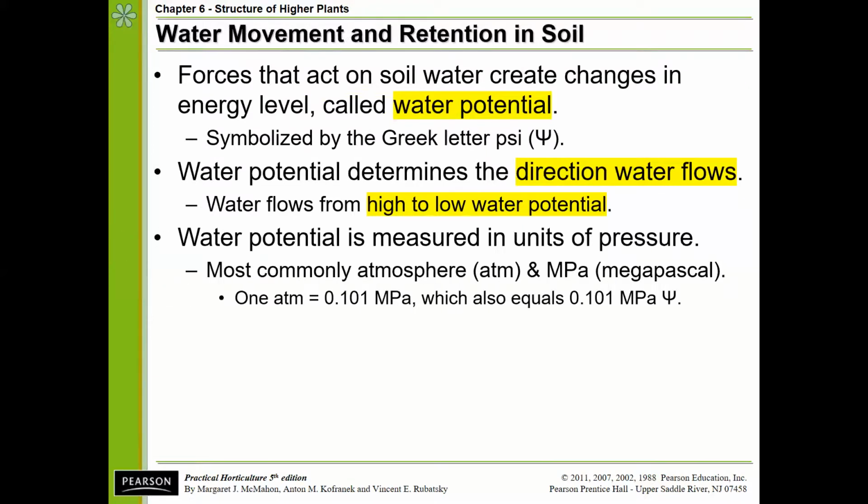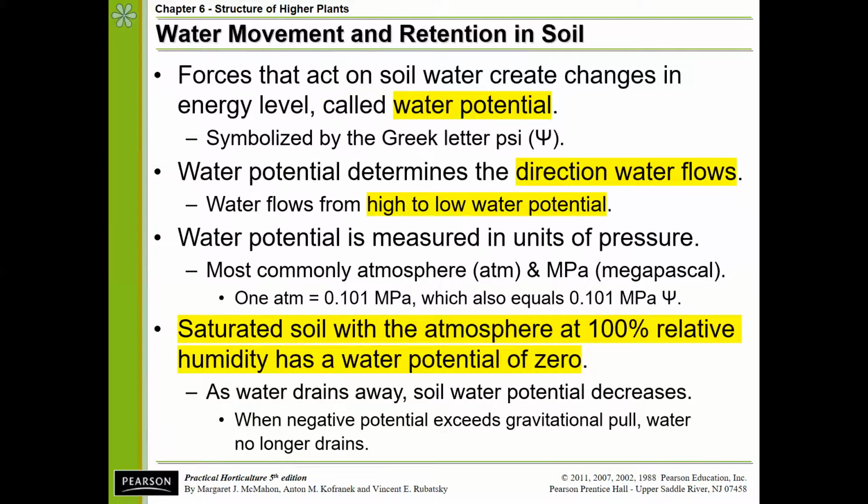Water naturally flows from high to low water potential, moving across a wetting front. That wetting front means the soil at that level has to be moist in order for flow to continue to progress through the soil.